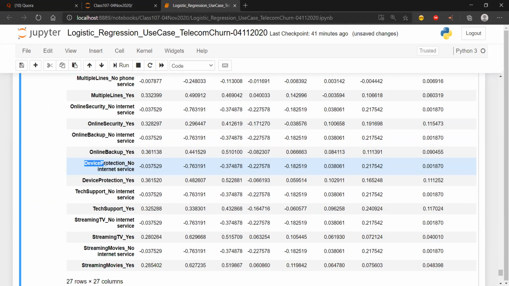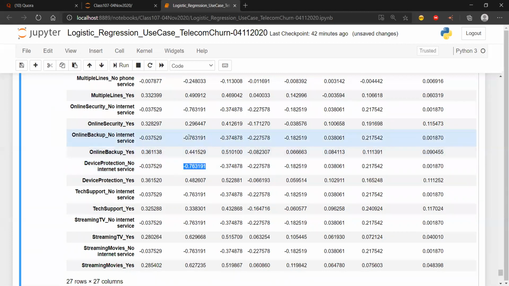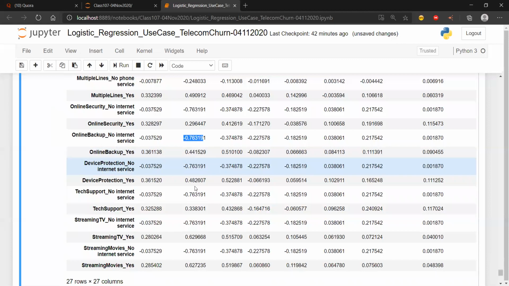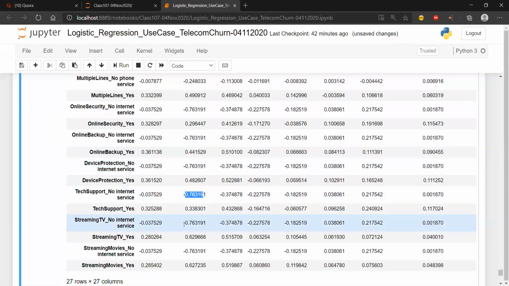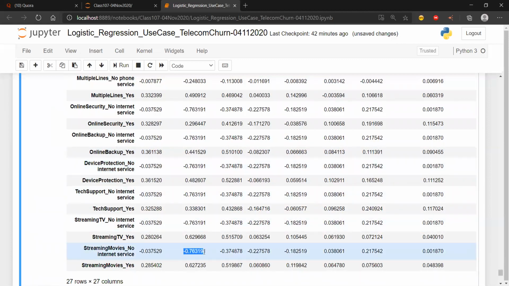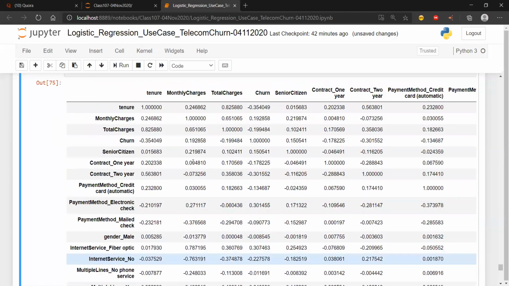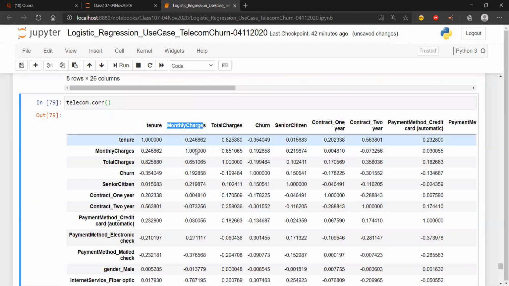For device protection value being equal to no internet service, this has a negative 0.76 correlation, and this correlation value is also the same for several other variables. These variables have a very high negative correlation value with the monthly charges.